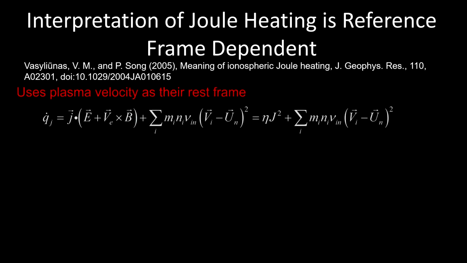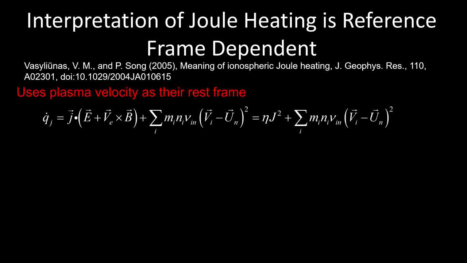And I finally got to grips with it after a while, in that one thing they do right off the bat is they say, why do you work in the neutral frame? It should be done in the plasma velocity frame. And that's, again, coming from a plasma physicist perspective meeting a hydrodynamicist perspective, and that can be confusing, because it's not always that the two communities are equally on the same plane.